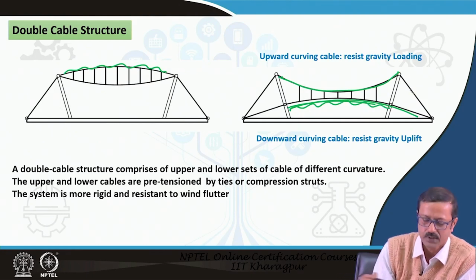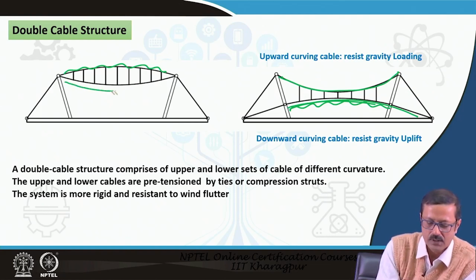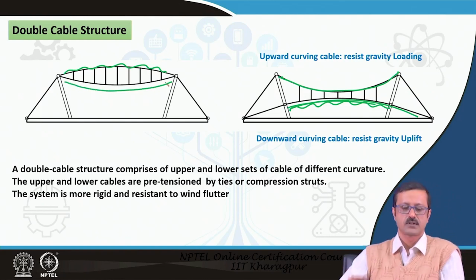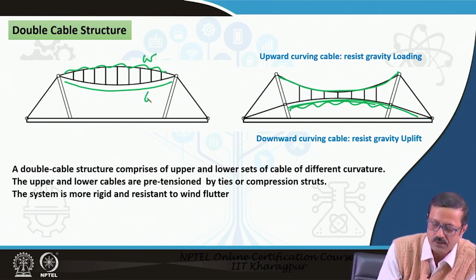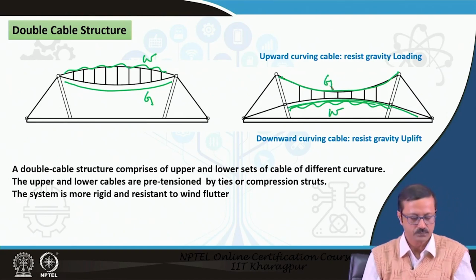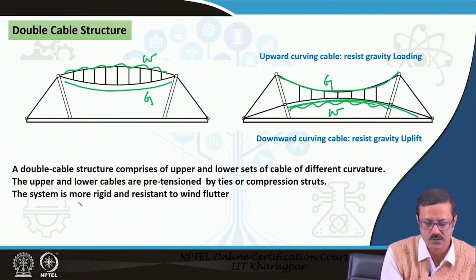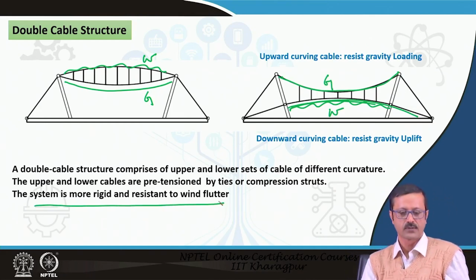If you go with this kind of form, this is the wind and this is the gravity, and this structural system is more rigid to take care of wind flutter.